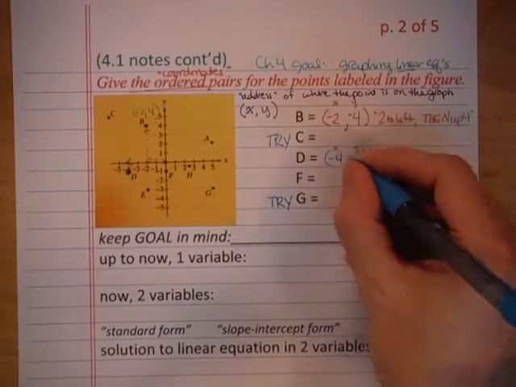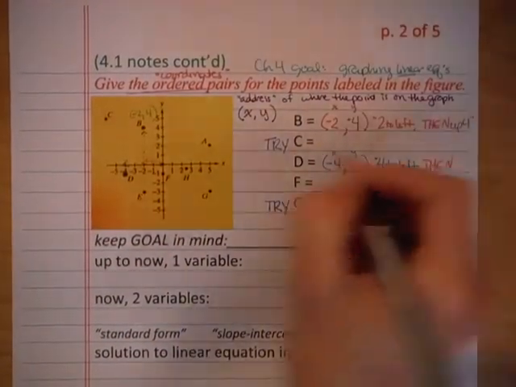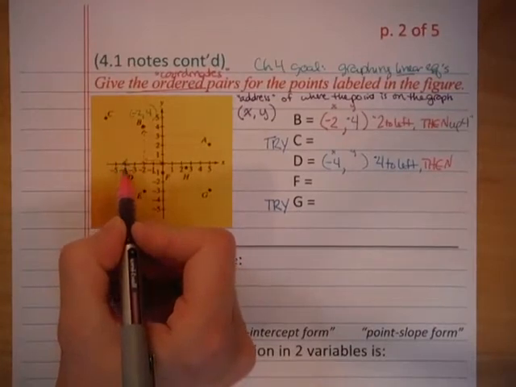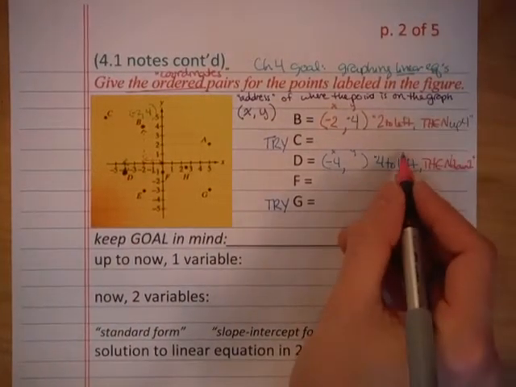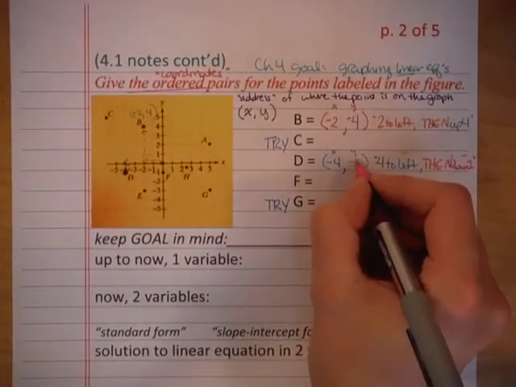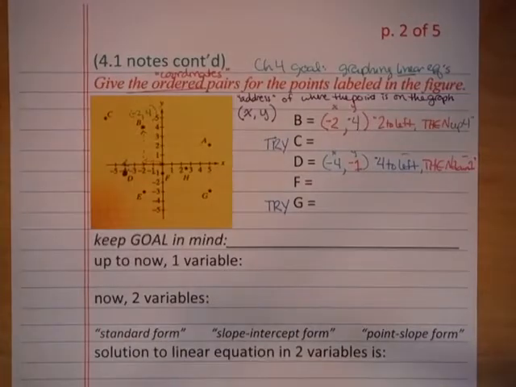So it's negative 4. Then from that point, you would go down 1. Left is negative, down is negative. So it's negative 4, negative 1. That's the address of that point D.